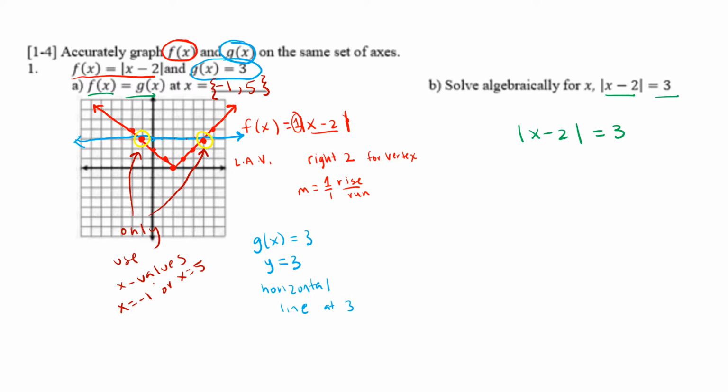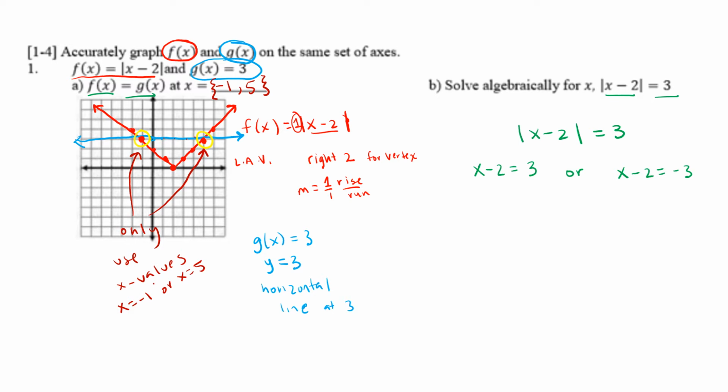So now we can solve. Let me write. There we go. We can solve this algebraically. How we solve this algebraically is we have the absolute value by itself. Now, to get rid of the absolute value, we can set up two different equations, right? Because it's an absolute value, we set up x minus 2 equals positive 3, or x minus 2 equals negative 3, right?